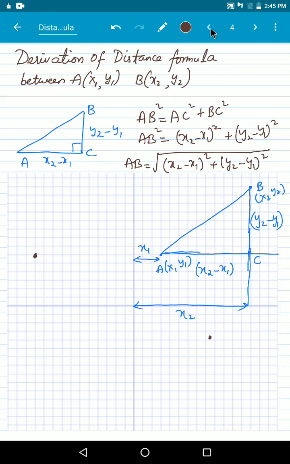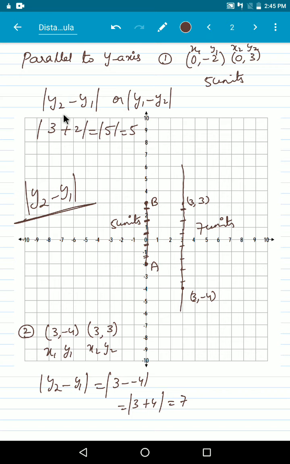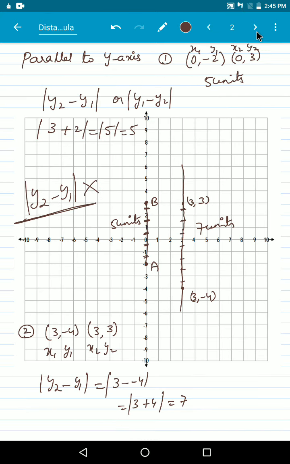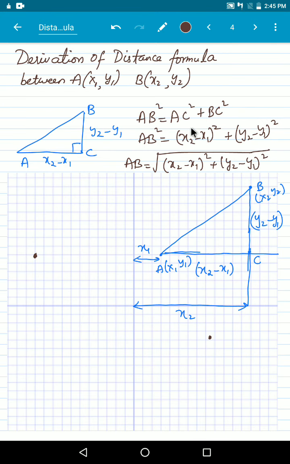So the formulas which we learned earlier, you need not remember these. You need not remember this also. Just remember this formula. You can apply this formula to any problem where you are finding the distance between two points. I hope this is clear.